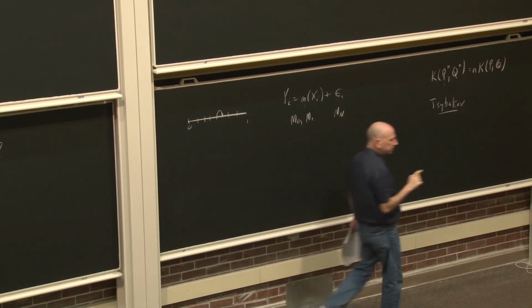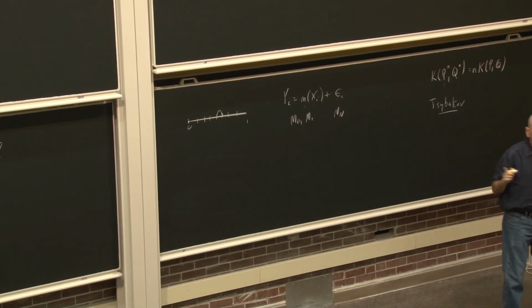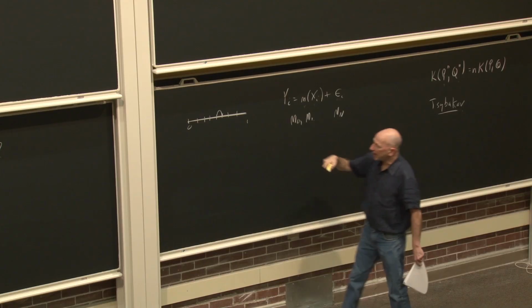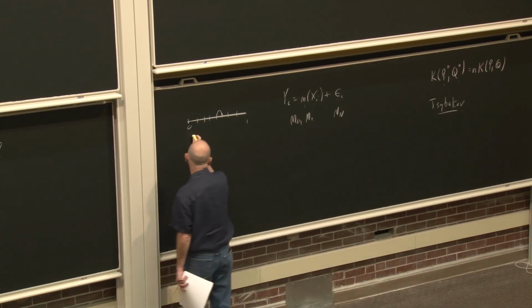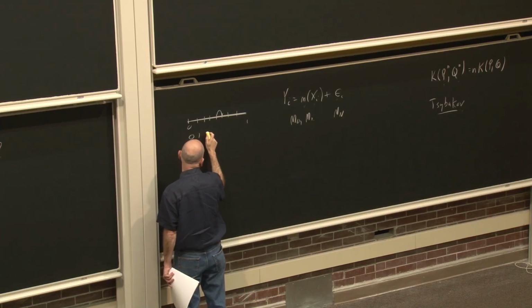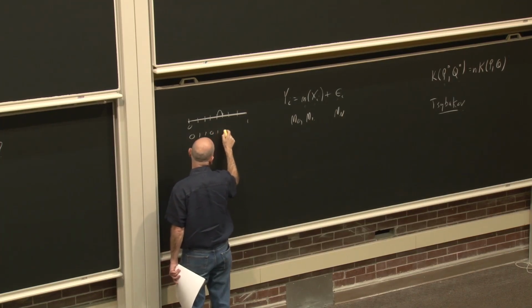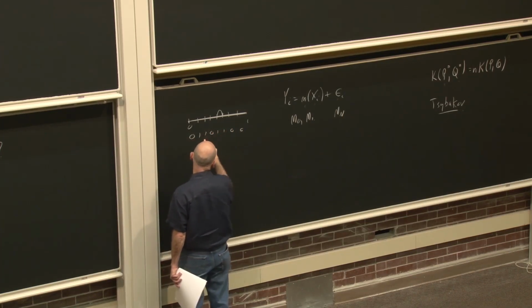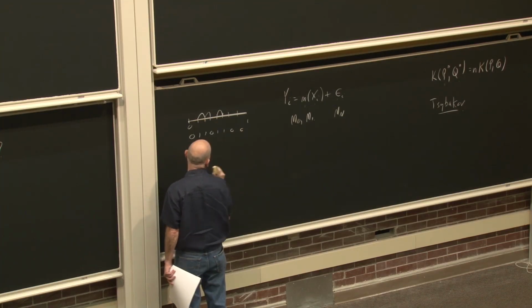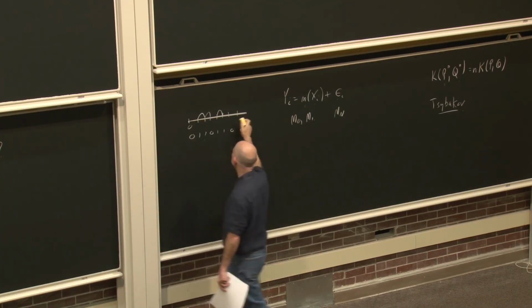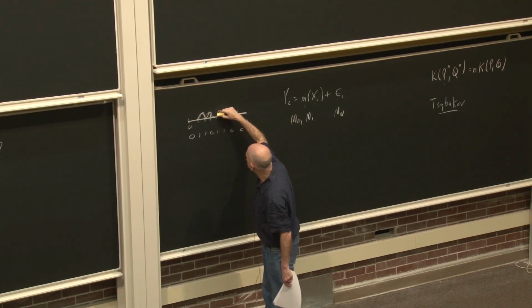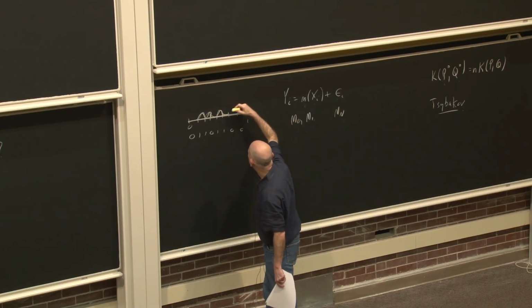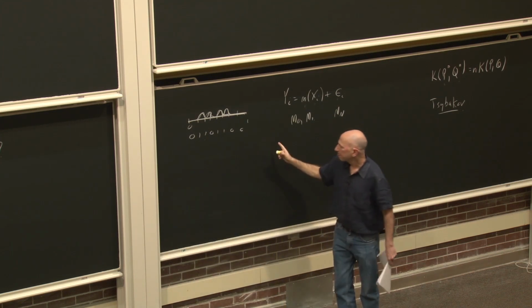But we have to decide at each little interval now, do we add a smooth bump or not? So you can think of there as being a binary sequence here, 0, 1, 1, 0, 1, 1, 0, 0. And 1 means I put a bump, and 0 means I don't. So there's one of my functions in my class of functions. Everywhere there's a 1, I put a little bump, otherwise not.